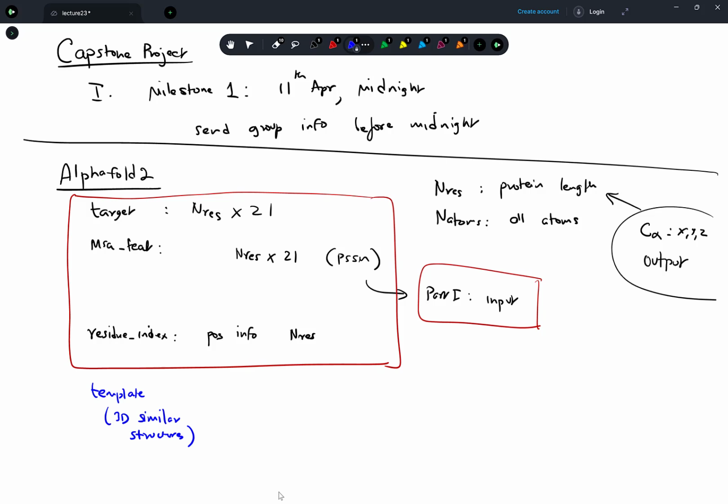And some of those structures, you select the top 20 and then sample from them. So they could be close or far apart, and some of them are high quality, some not so high quality. And they also use the angles, the template angles.